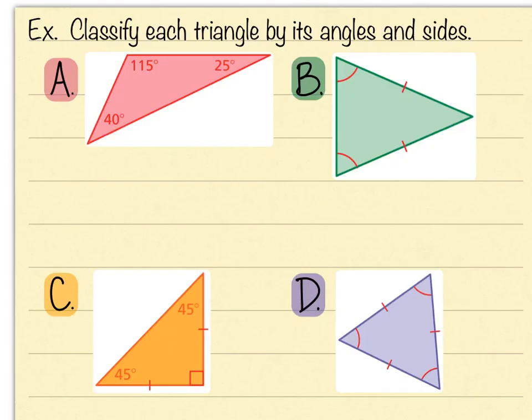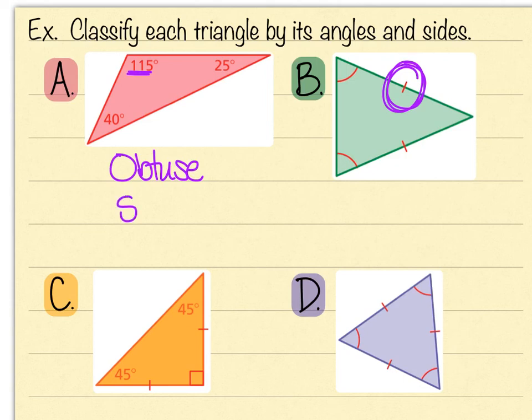So let's practice classifying these triangles by their angles and by their sides. In example A, we have a triangle that has three different angles, but one of them is an obtuse angle. So this has to be an obtuse triangle. And you'll notice they didn't use any of these red tick marks that you see in the other problems, so none of the sides are equal either.